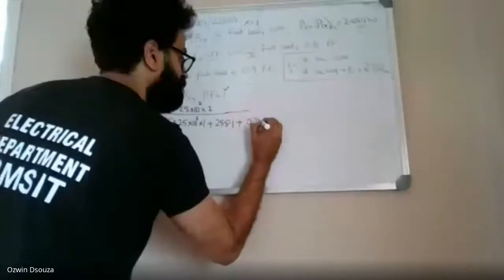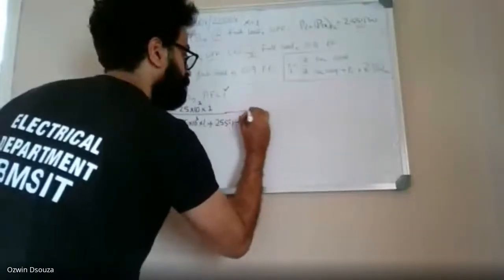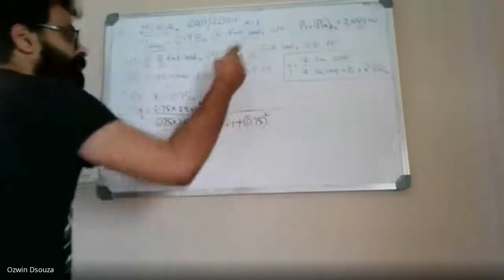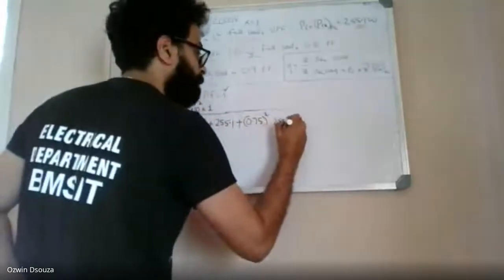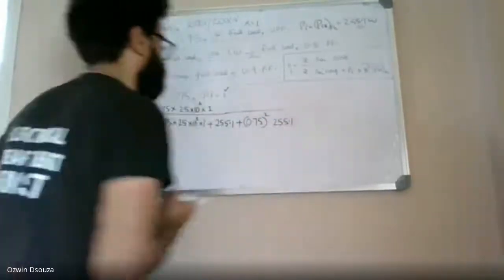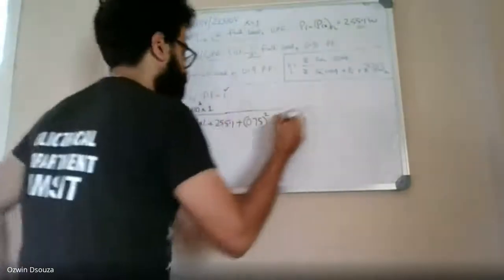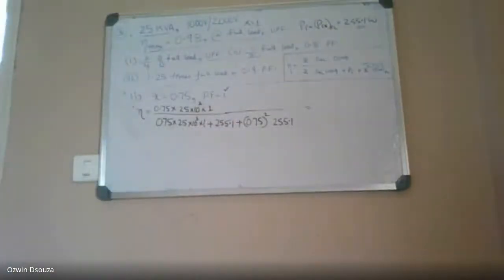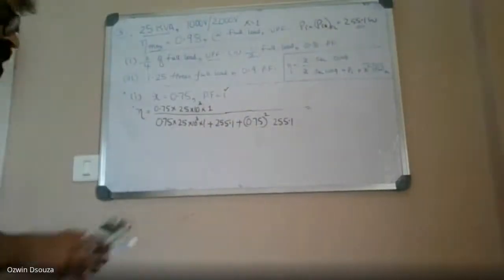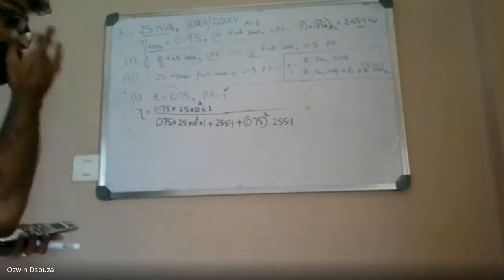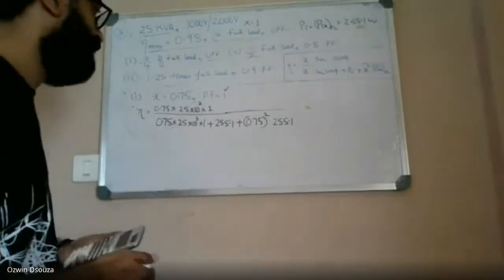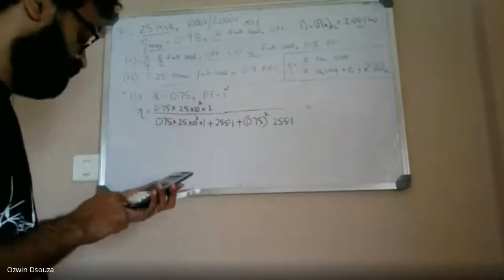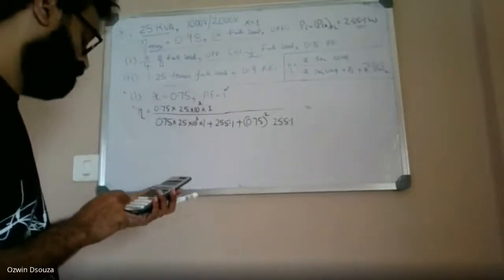So 0.75 square times the copper loss. When you simplify, you will get the efficiency. So start substituting. I'm using the calculator to find the answers so that even you will do the same thing.